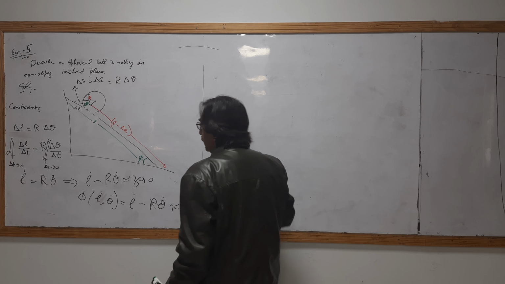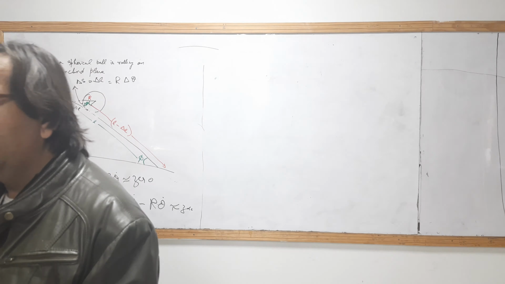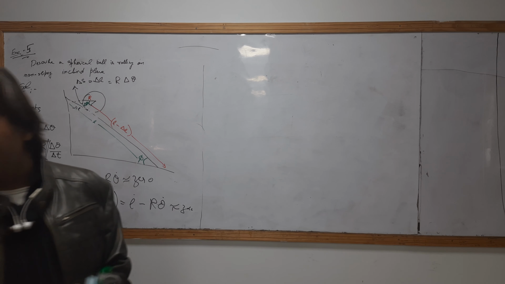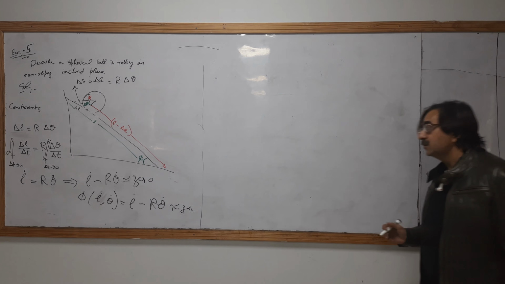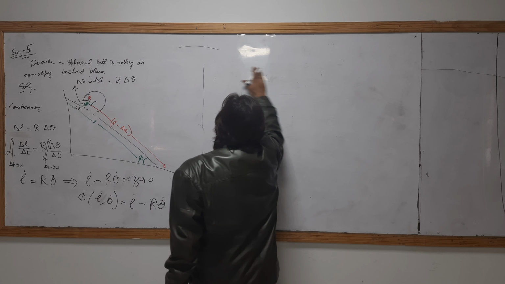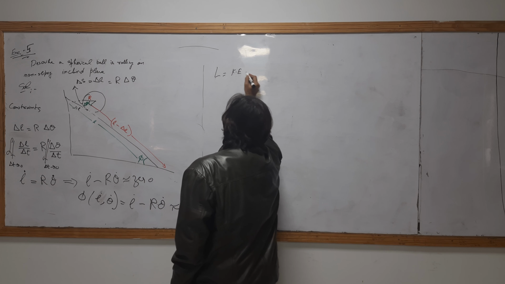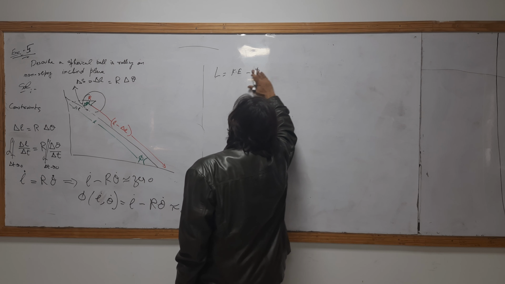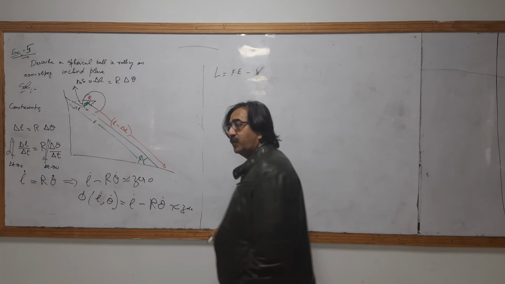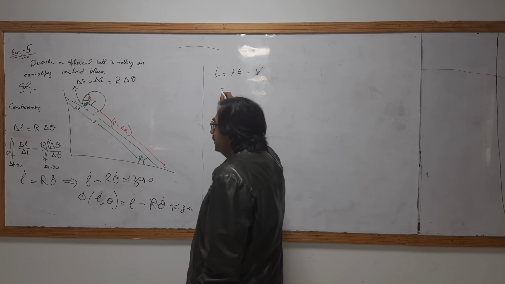When this will be equal to this, what will be your L? Now you have to find L. L is kinetic energy minus potential energy. So L is equal to kinetic energy minus V, potential.